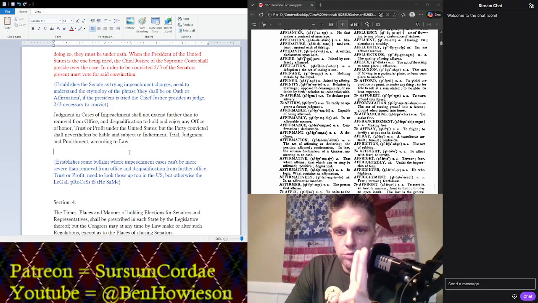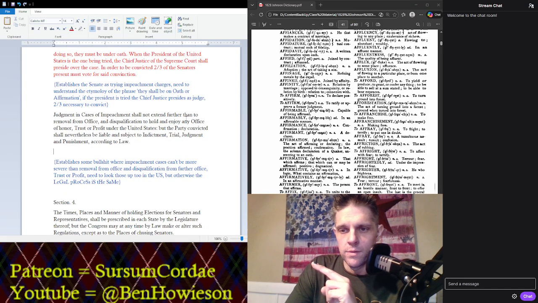So separately, this is two separate issues here, then. The issue is the judgment in cases of impeachment, you can only remove them from office and disqualify them from holding any other public office, is what this is saying. But the individual convicted is still liable and subject to regular criminal law based on whatever it was they did.